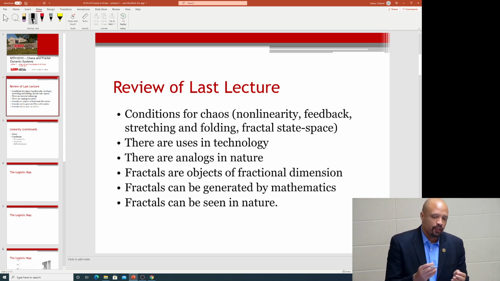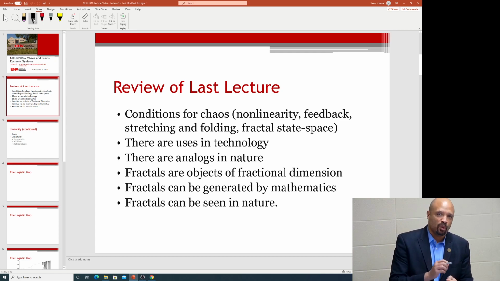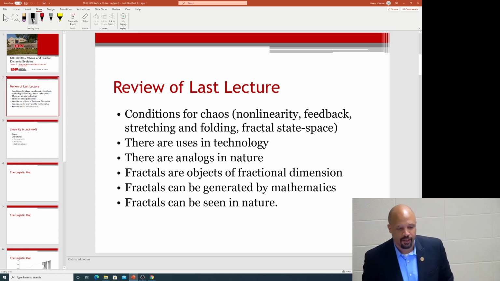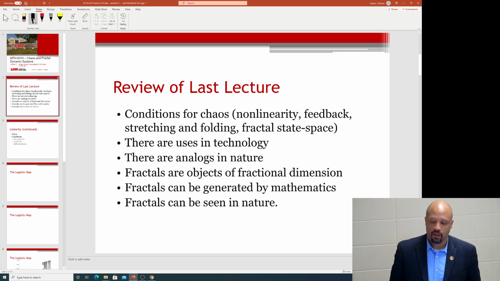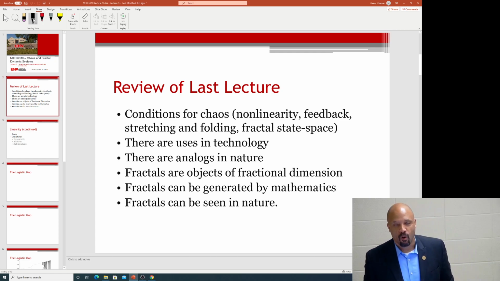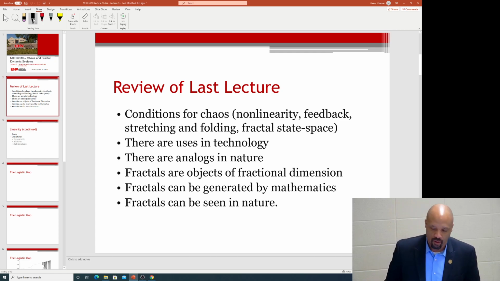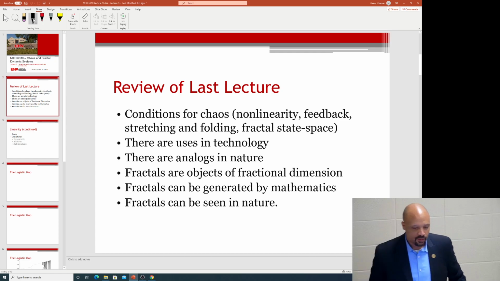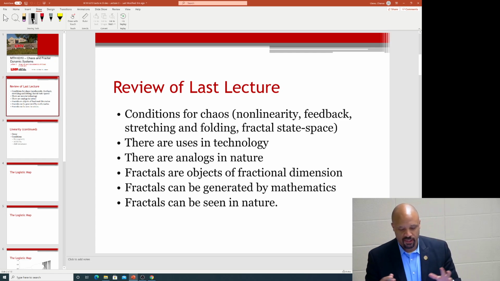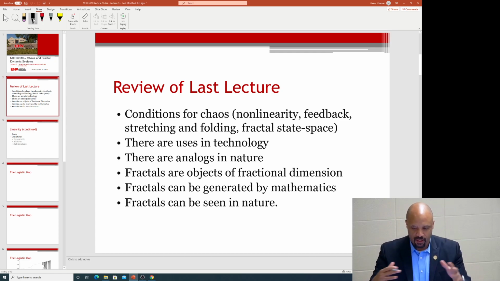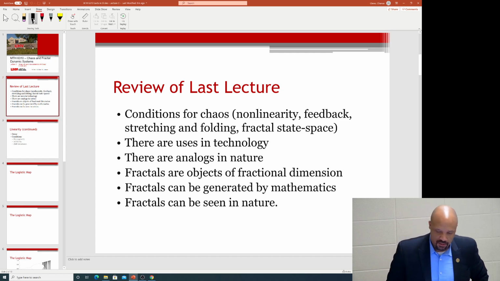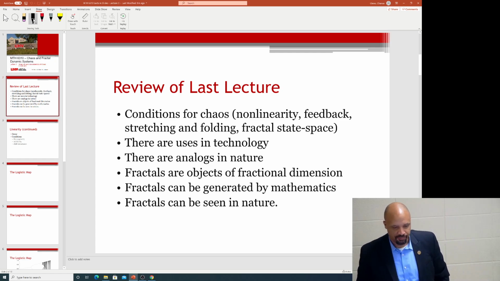So it can never really go back to any other point that has been visited. Otherwise, you'll have periodicity and it won't be chaotic, at least not over a long period of time. And also, this has to be bound within some fixed state space, which is what you see.